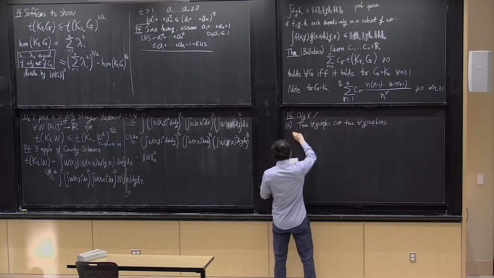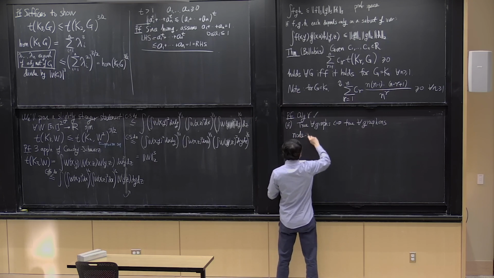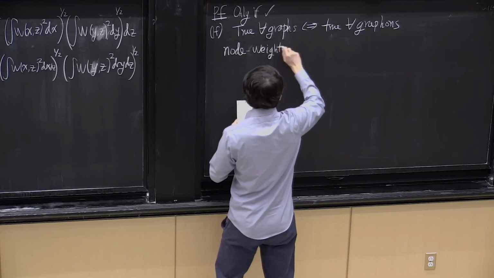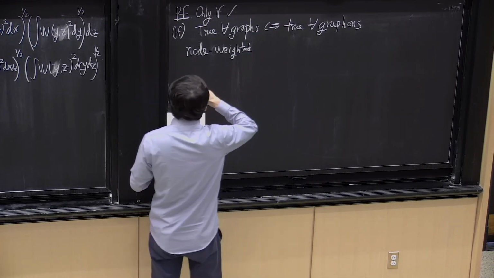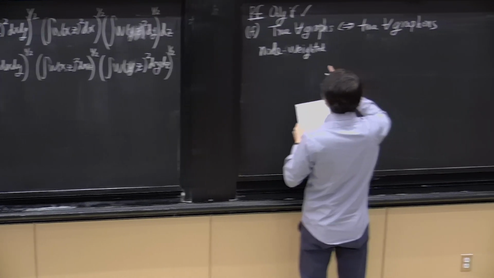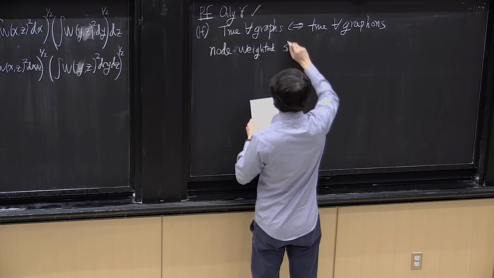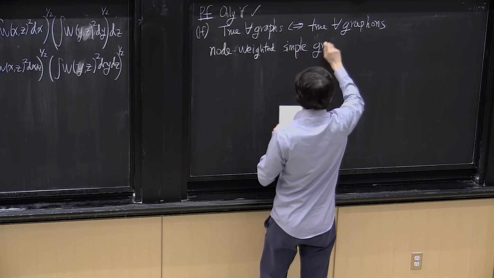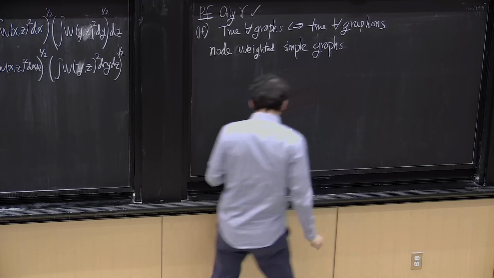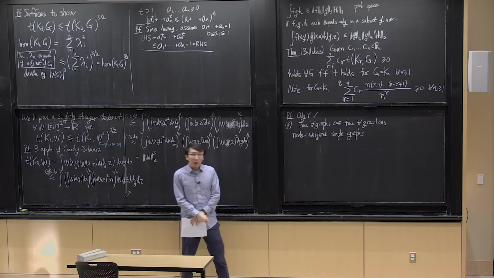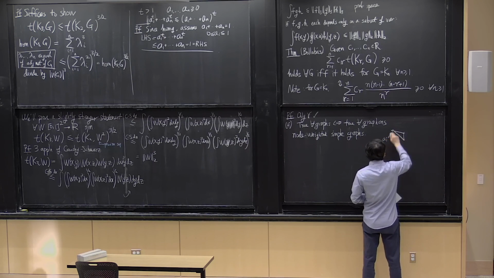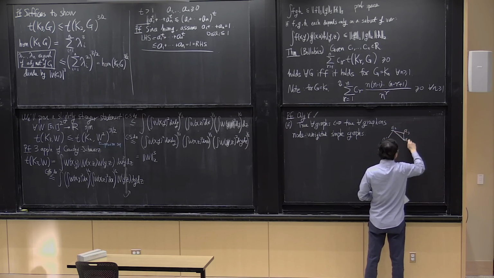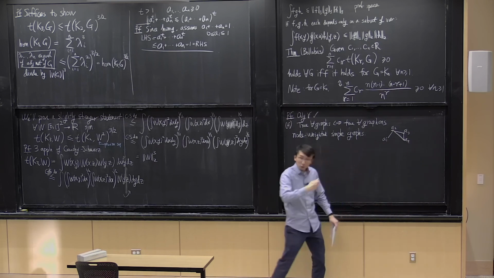Namely, I want to consider the set of node-weighted simple graphs. By node-weighted simple graphs, I mean a graph where some of the edges are present, and I have a weight for each node.